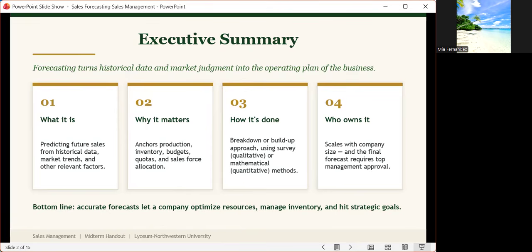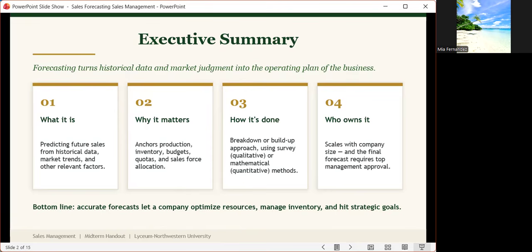So why does it matter? It is the cornerstone for production planning, inventory management, financial budgeting, and sales force allocation. Our course is sales management, so forecasting is being used. How? Of course, forecasting projected sales.